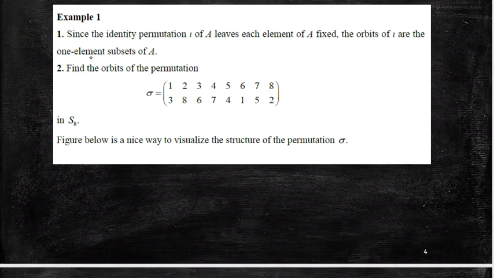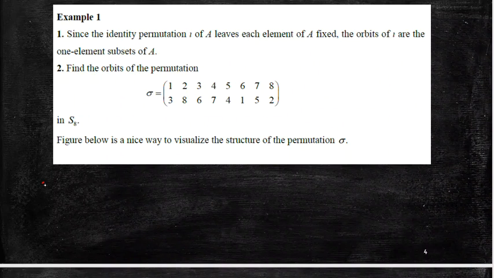Now look at example 1, number 2. Find the orbits of the permutation sigma. We have sigma, which is a permutation with 8 elements in the symmetric group of degree 8. Now we want to find the orbits of this permutation.